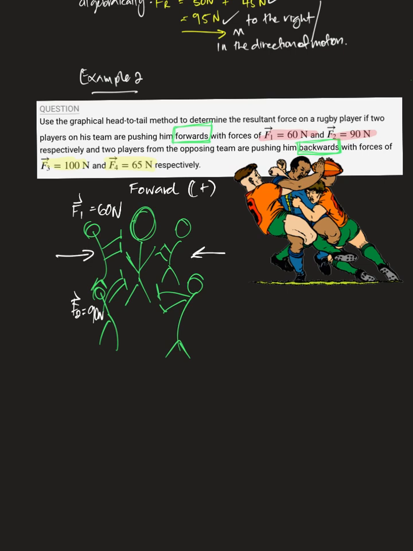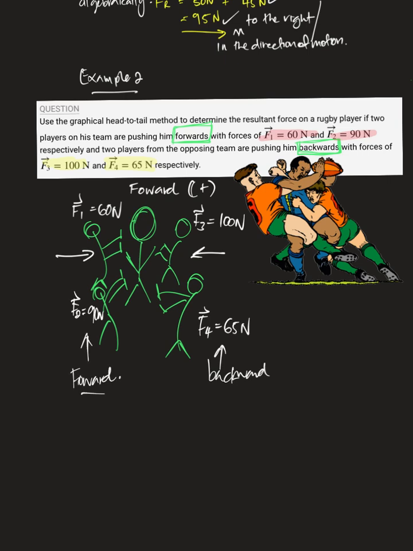The other ones are coming this way. I've got F3, which is equal to 100 newtons, and F4, which is equal to 65 newtons. Those are my values, and that is what's happening in my situation. I've got on this side all the backward values, and on this side all the forward values.